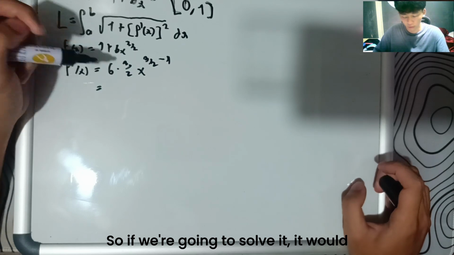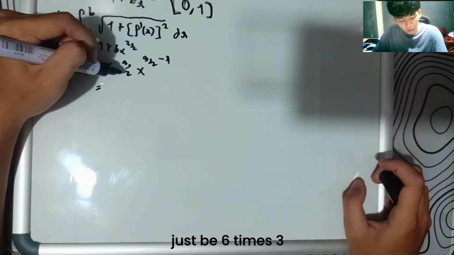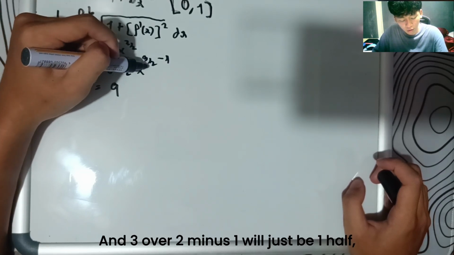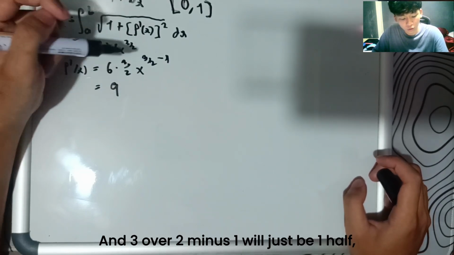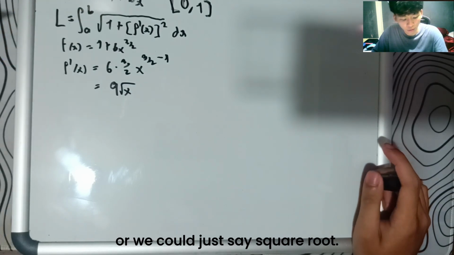If we solve it, 6 times 3 over 2 would be 9, and 3 over 2 minus 1 will just be 1 half, or we could just say square root.